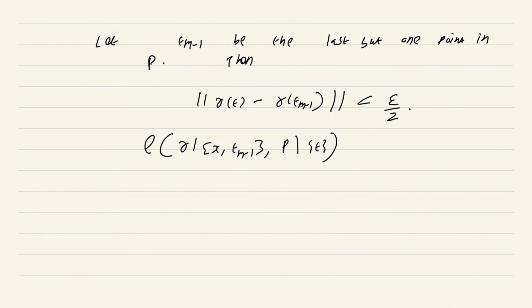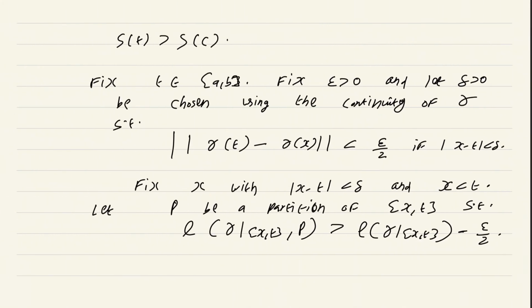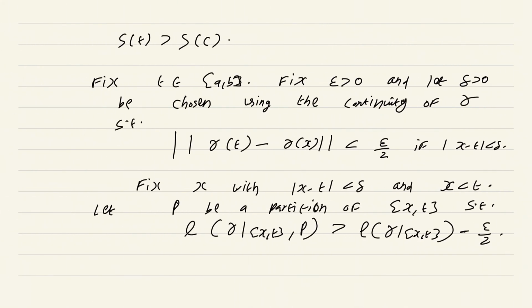With respect to this partition, we know that this is going to be greater than the length of gamma restricted to [x, t] minus epsilon. That's because the partition P was chosen in such a manner that the length of gamma restricted to [x, t] with respect to P is at the max epsilon by 2 distance away.